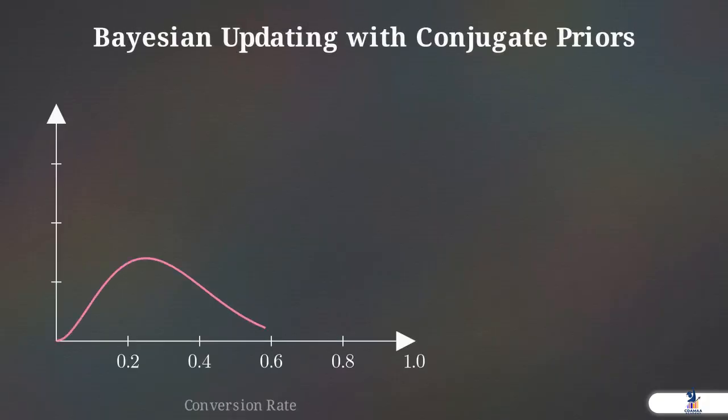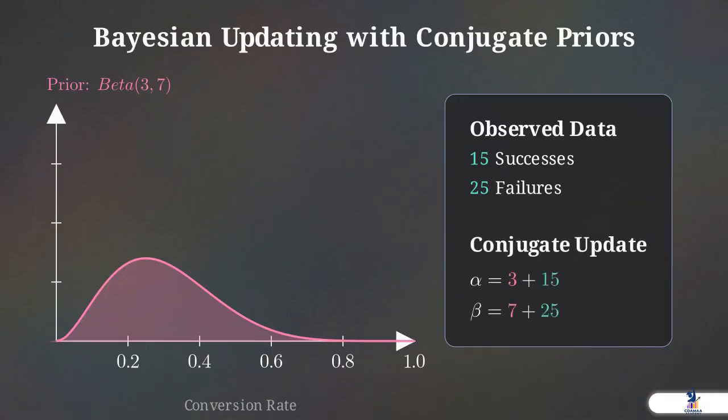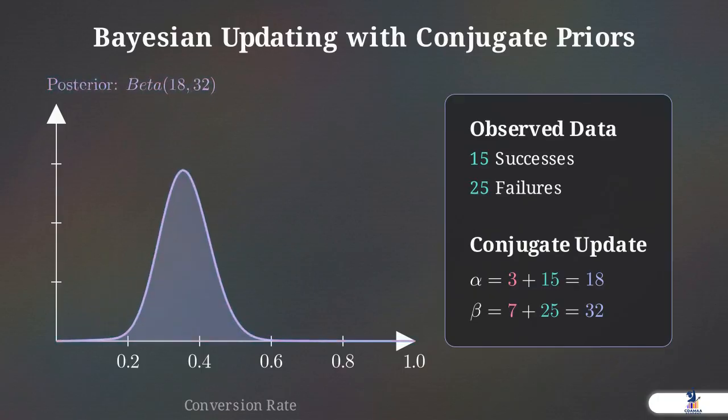Our prior belief is a wide beta curve with parameters alpha 3 and beta 7. We observe 15 conversions and 25 failures. Because they are conjugate, we skip calculus and just add successes to alpha and failures to beta. The curve instantly morphs into a narrow beta 18, 32 posterior.